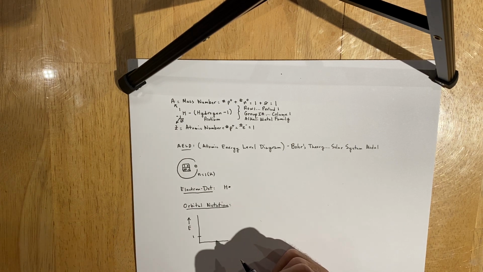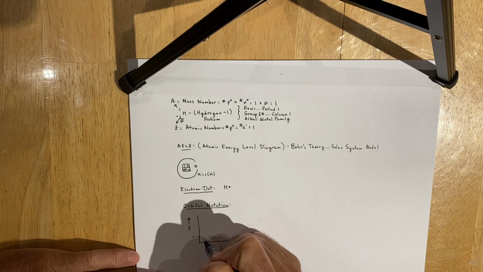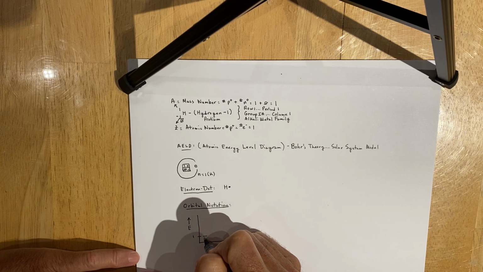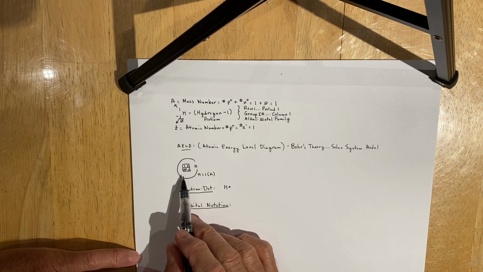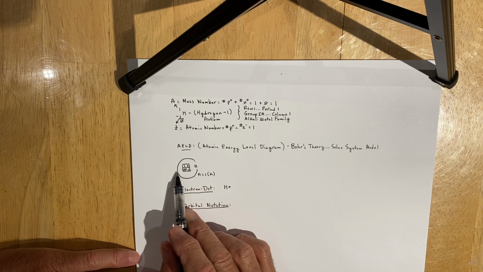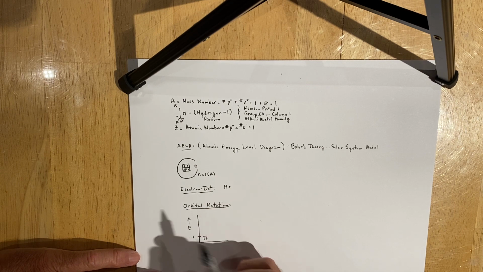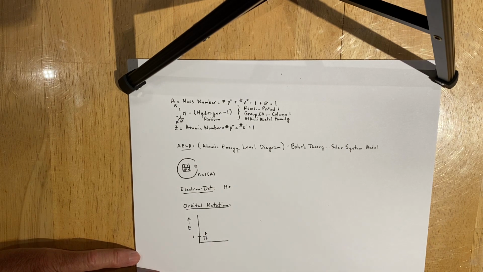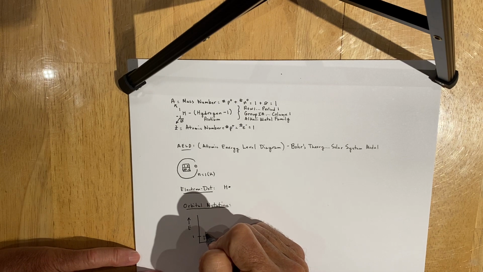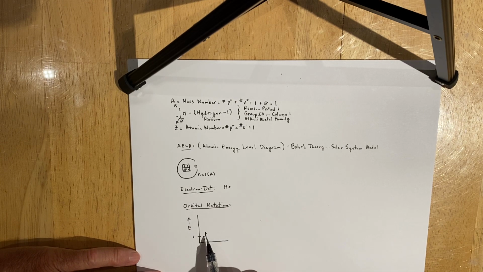And according to quantum mechanics, the first energy level has just an S sublevel that we refer to as the 1s sublevel. You can think of this circle in which the electron is orbiting as a three-dimensional sphere that contains 1 electron, and we're going to represent that electron with an up arrow. So the way to read this would be to say that there's 1 electron in an S sublevel on the first energy level, which may be totally confusing to you now, but in a while you'll better understand that.